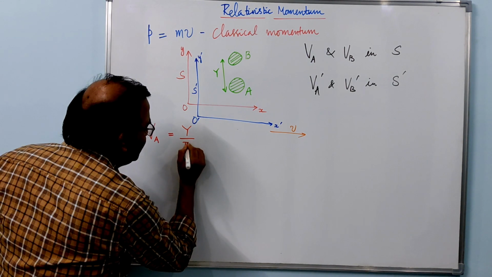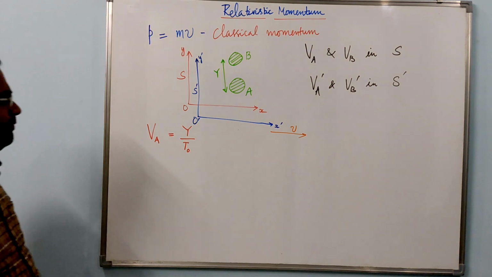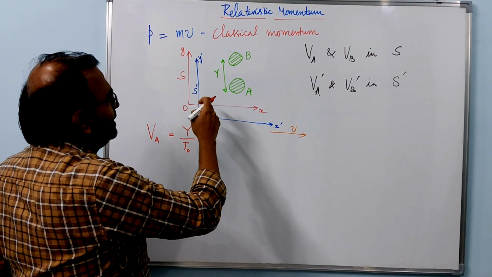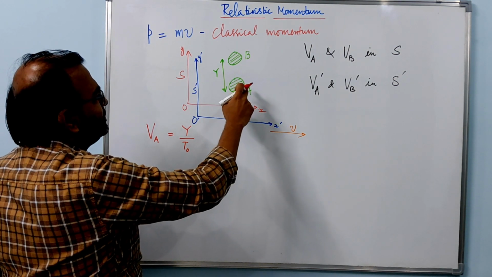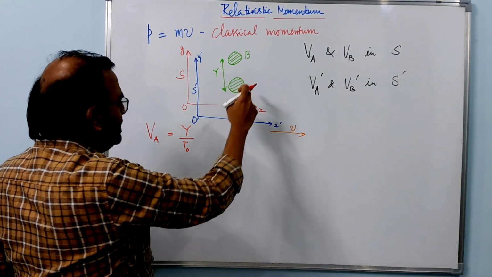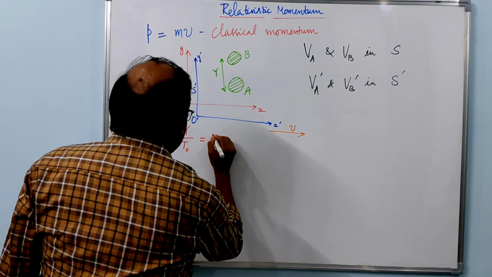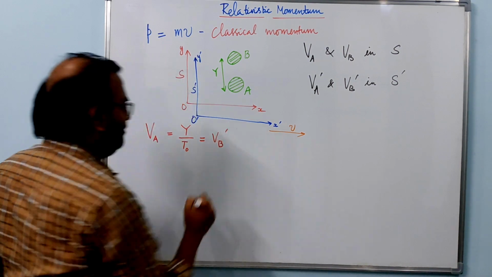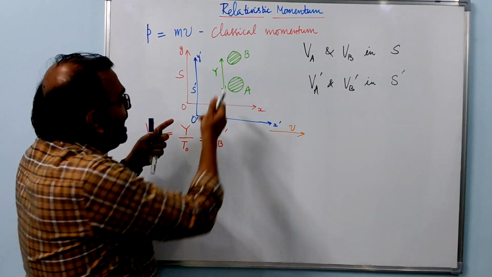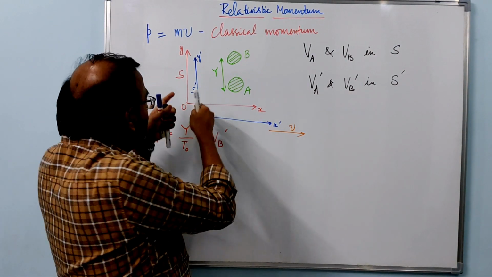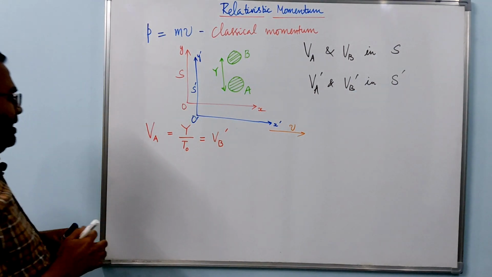Let us call that time T naught. Similarly, this time T naught must be equal to the time it takes for B in S prime also. So this must also be equal to VB prime, right? Because initially A and B were at rest in their own frames of reference S and S prime.